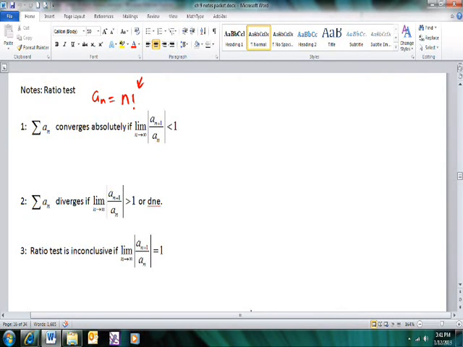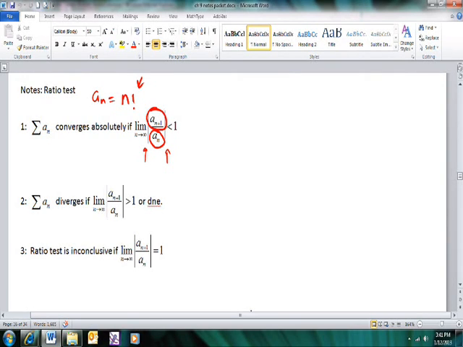So what you do is you take the ratio of the next term and divide it by the last term, the term before it, and if the limit of that ratio is less than 1... You notice that we've got the absolute values on here, so if this alternates, it takes care of that alternating part.